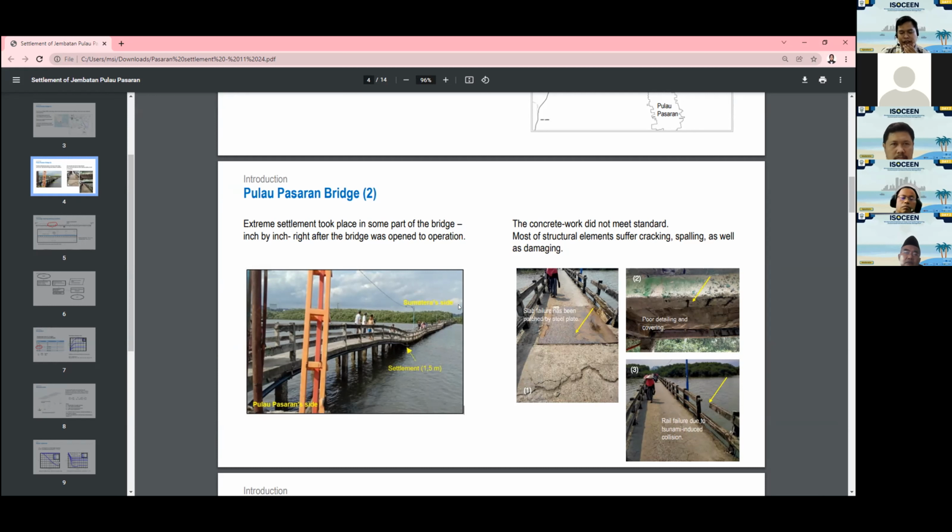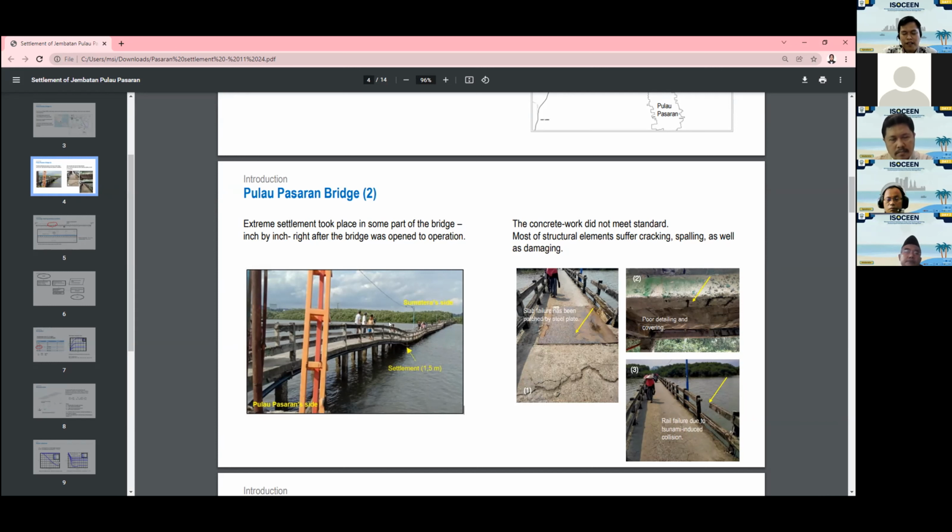Actually, the people of Pasaran used to commute, used to cross the strait by boats. That's the condition before the construction of the bridge, before 2012.